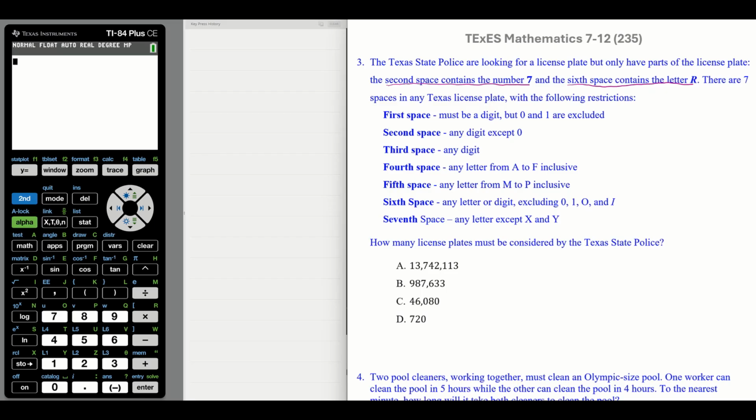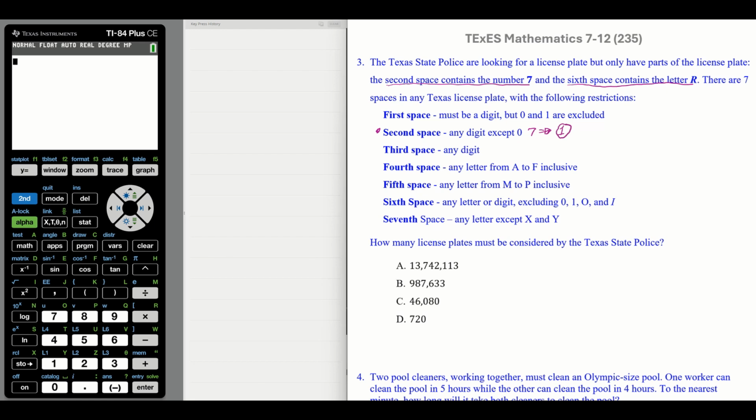Okay, so before we move on, let's put in for the second, remember it said the second space contains a 7. So because that's a 7, this implies that we only have one option for that one.